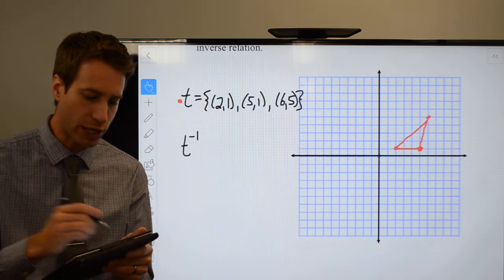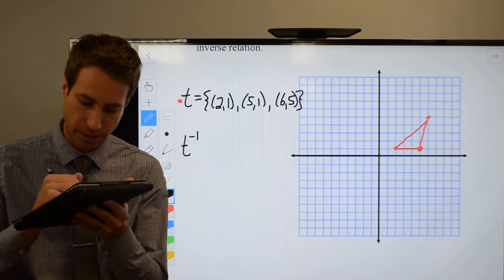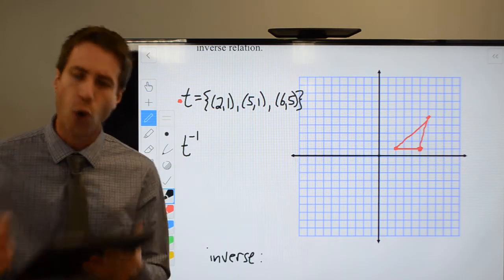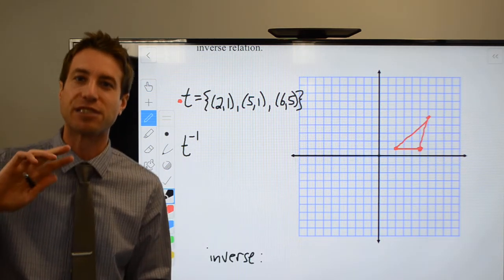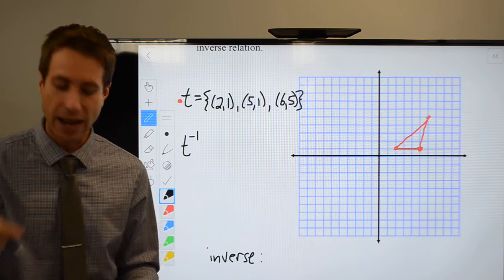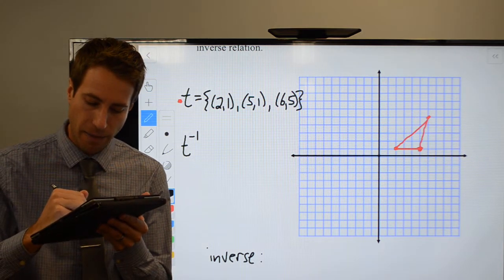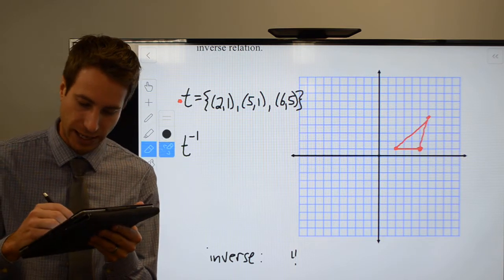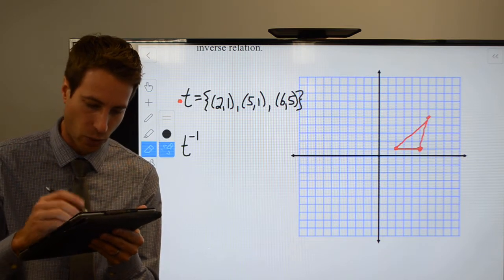Here it is. When you talk about inverses, what you generally are talking about is flipping a number, right? Actually, let me write it like this. It'll make way more sense.